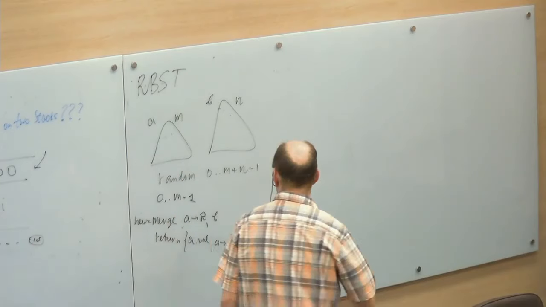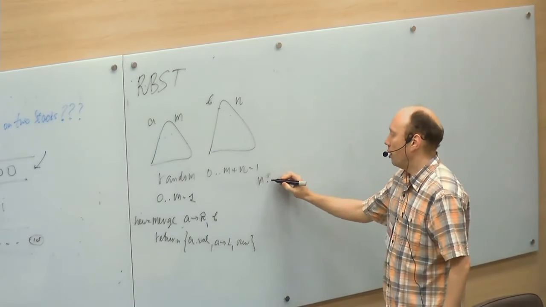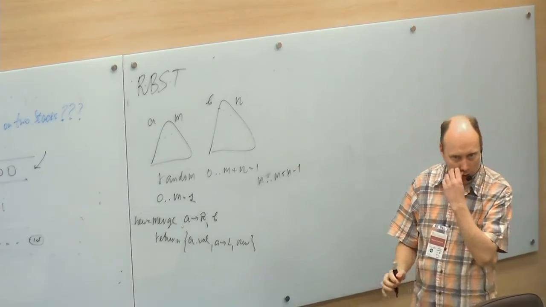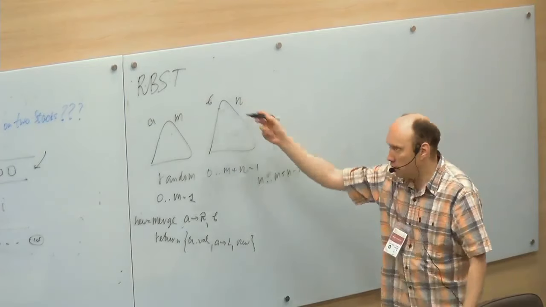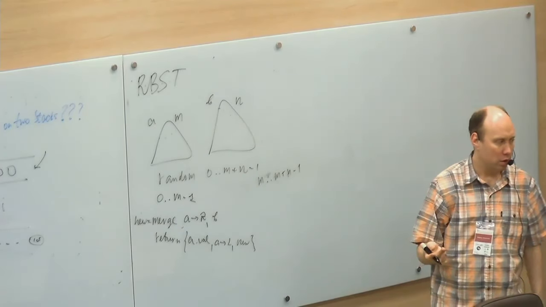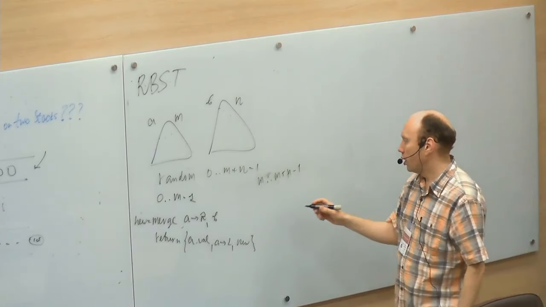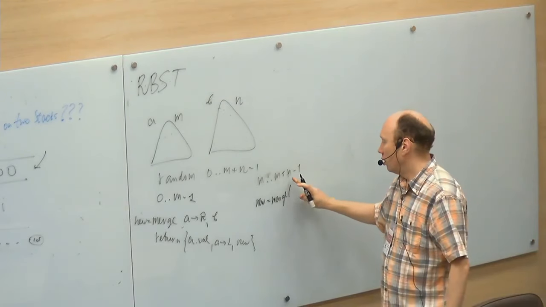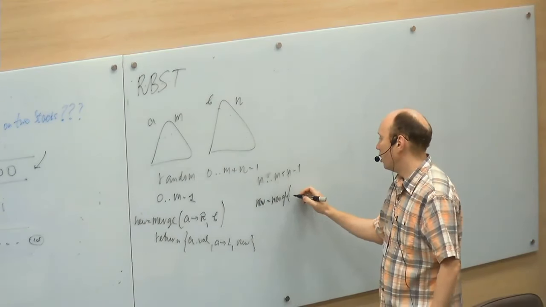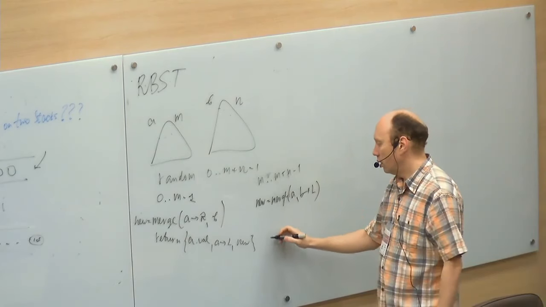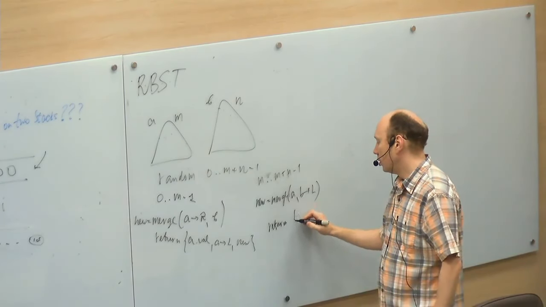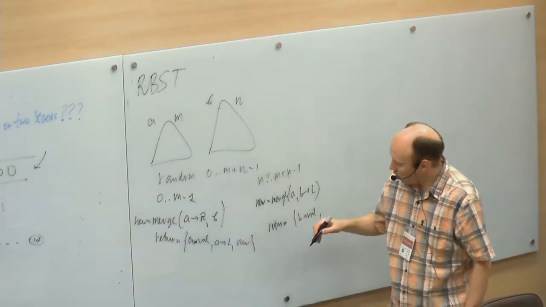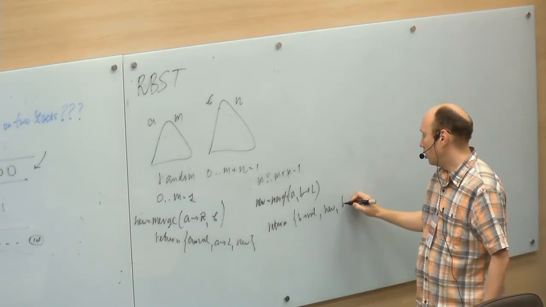And if this value is from m to m plus n minus 1, then the root of the second tree becomes the root of the combined tree. So we get a new one as merge of A and B left, and return the one with B value, new one and B right.